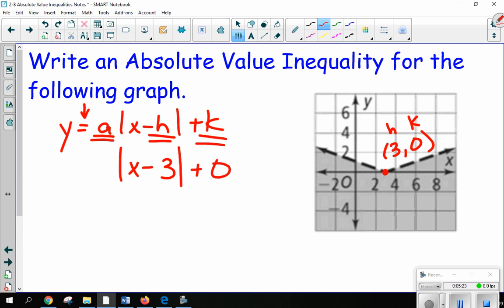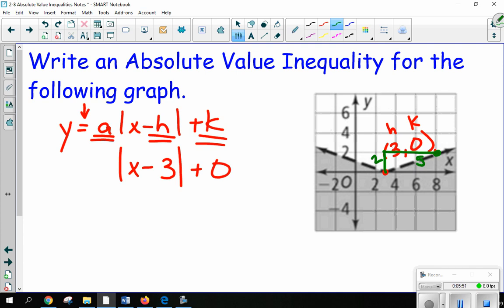This one's the part that's a little trickier because the points are kind of hard to see. So I know that this is 3, 0. The next point that I can see would probably be this one, so I'll use a different color. I'm going to go up 2, over 2, 4, 5. So this distance right here is 2, and this distance over here is 5, because each line equals 2.